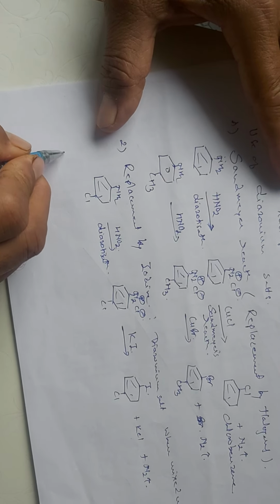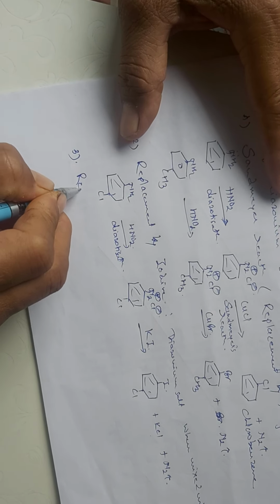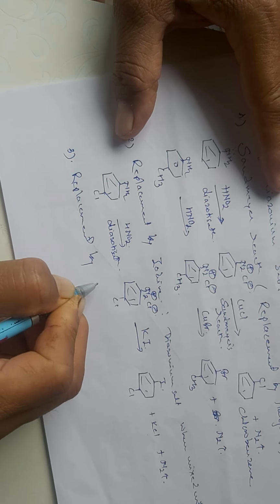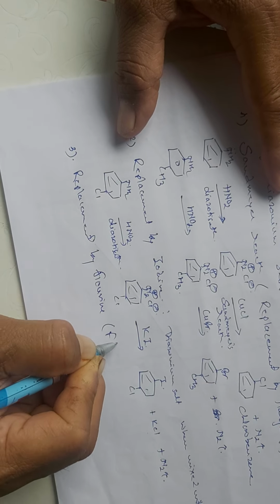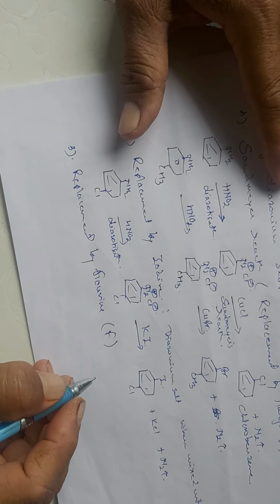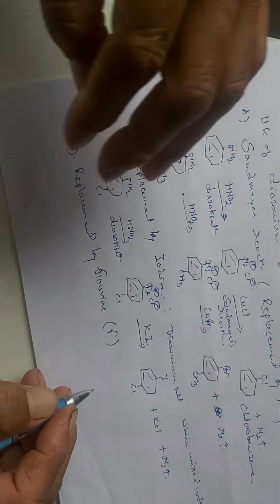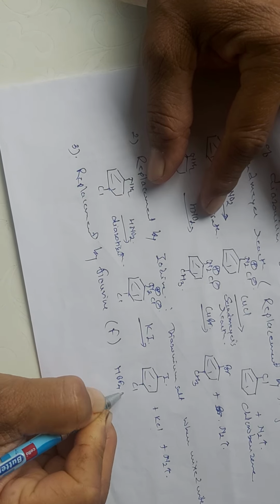And the third type of reaction here is replacement by fluorine, that is F. And here when the aryl diazonium salt is allowed to react with fluoroboric acid, HBF4.